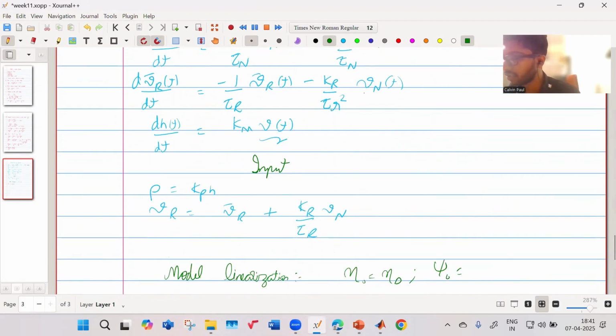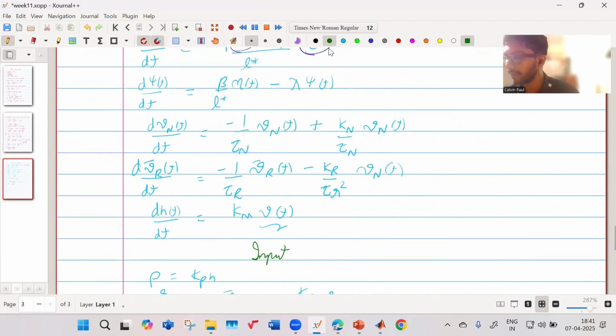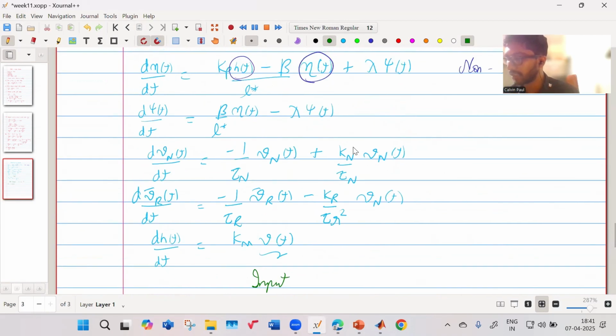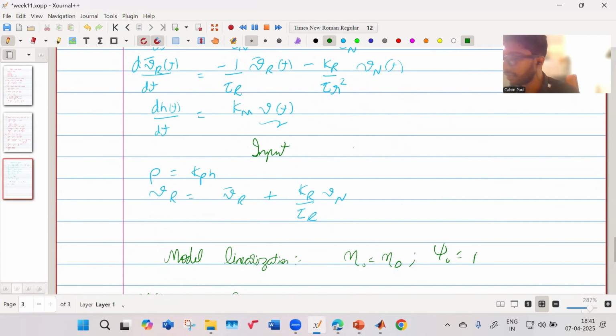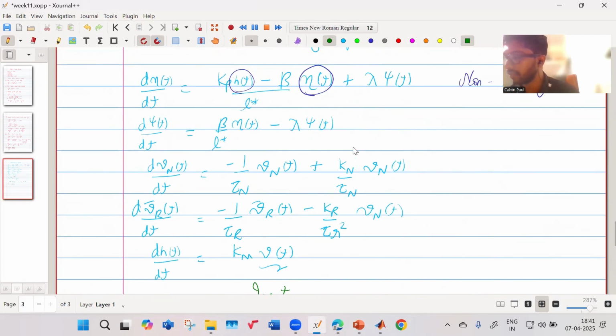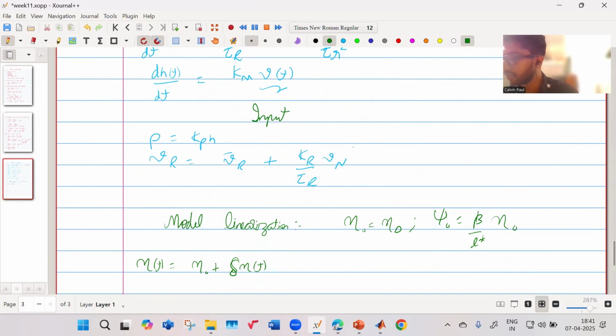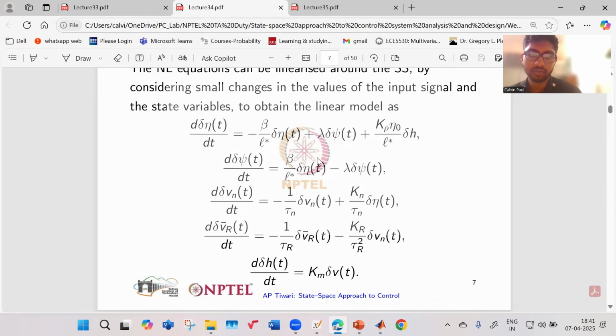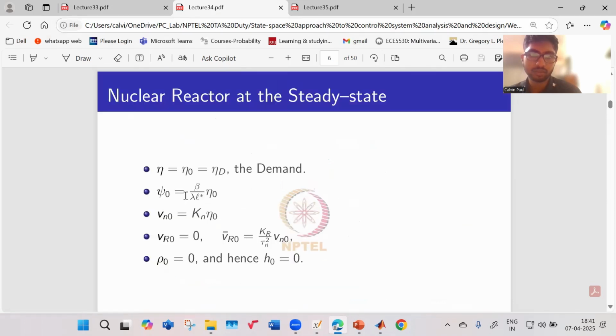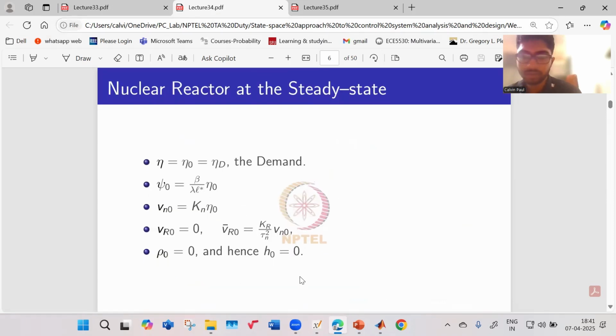Beta upon h star, beta naught upon lambda. This is the rho, this one here.